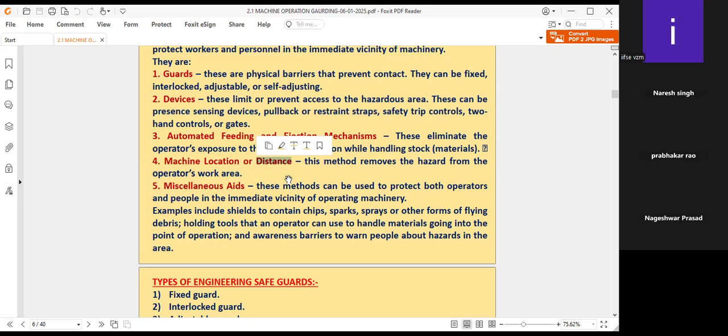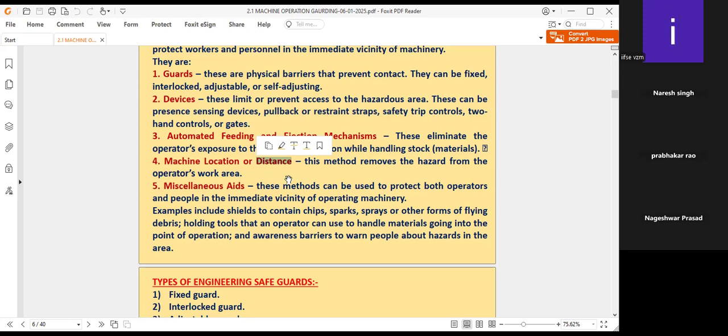The guard occupies some space because the elbow shape takes a longer area than the equipment. You have to see that the distance is also taken care of while designing and selecting. This is one of the methods. Miscellaneous aids are also there. Miscellaneous aids means that in the workplace there are so many pieces of equipment, and they have their own guards.